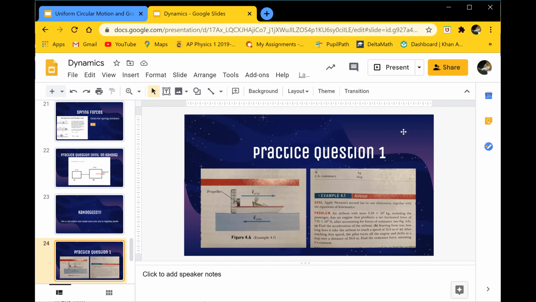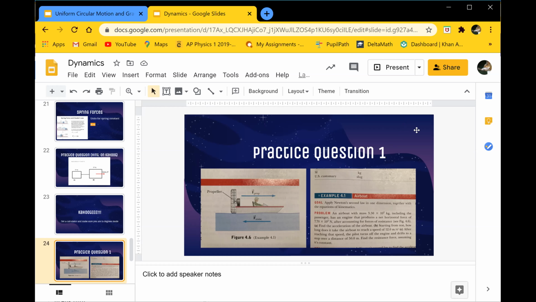And it says it drifts over a distance of 50 meters. So they give you a distance, but they want to find a force. So you definitely know that this is a kinematics with dynamics problem, right? Because forces deal with dynamics, and distance is related to kinematics because it's seen in the kinematic equations.